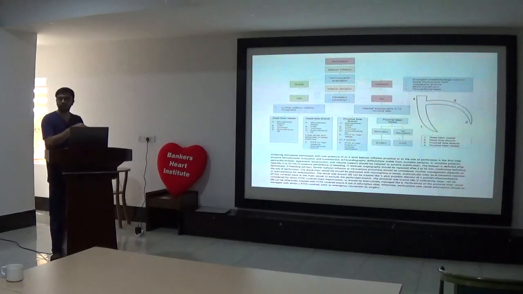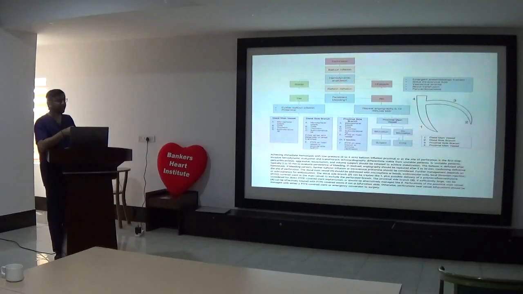Perforation: first, we have to do balloon inflation at the site of perforation. Again, assess the hemodynamic status of the patient. If stable, leave it. If unstable, then start to resuscitate the patient. If persistent bleeding is there, make sure which vessel is involved, proximal or distal, whichever it is.